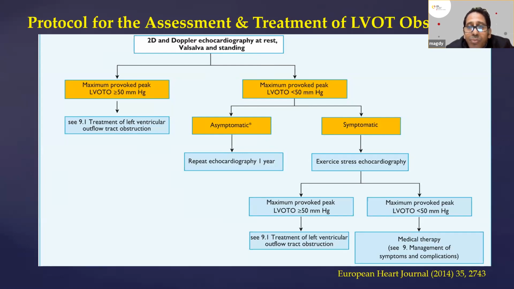But if they have symptoms, exercise stress echo is recommended. And if you have a gradient with exercise stress echo more than 50, those patients have a classic obstruction and should be treated as LVOT obstruction, while if the gradient is less than 50, medical treatment and follow-up is recommended.